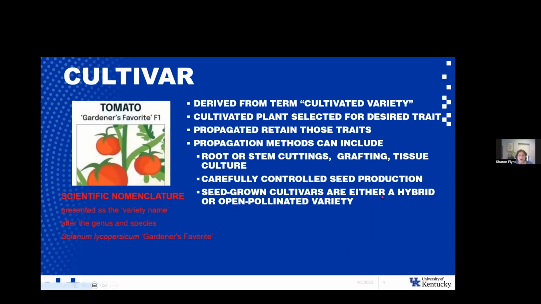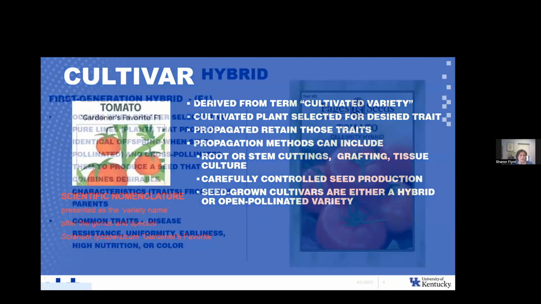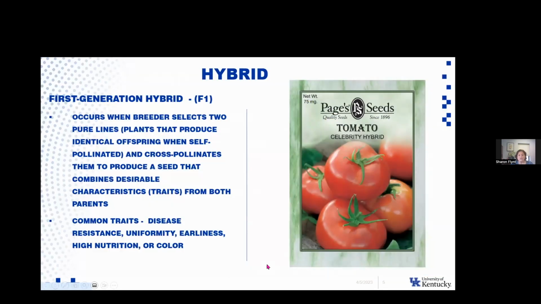Seed-grown cultivars are either a hybrid or an open pollinated variety. So with a hybrid, you see this tomato, Celebrity. It's been around for a long while. It is considered a first generation hybrid, which means it's an F1, filial 1. A hybrid occurs when breeders select 2 or more pure lines of 2 plants, and they select those plants because of their traits.